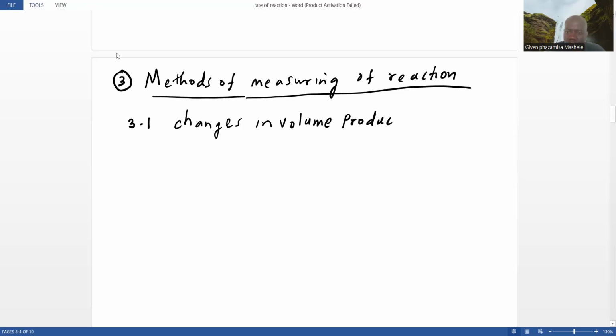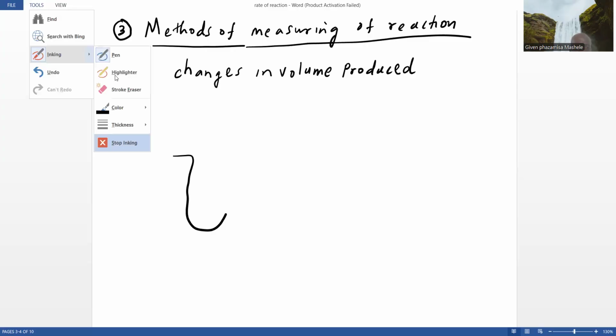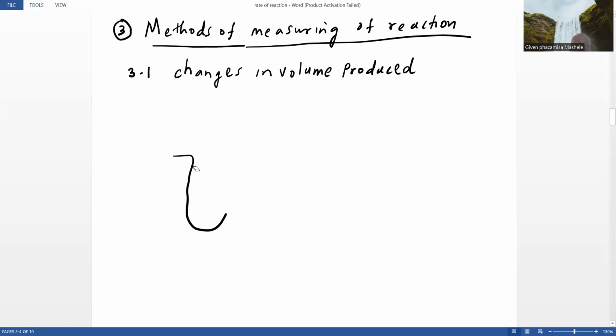So we can look at the volume of the gas produced. What do you mean by this? It means, let's say during an experiment, we conduct the following. Let's say we take a conical flask.